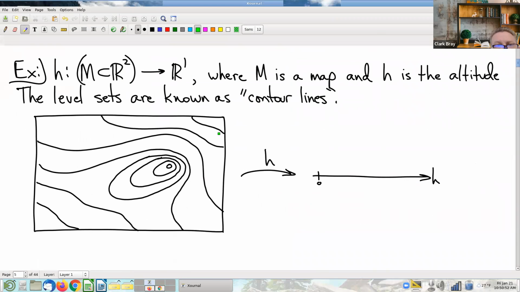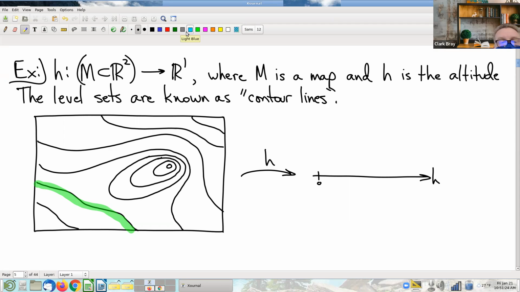Now here's one that's not very algebraic, but this is something that hopefully is relatable. If anyone's ever done any hiking serious enough to necessitate a contour map, then you might recognize pictures like this. The idea is that this line is where the altitude is, I don't know, 100 feet.